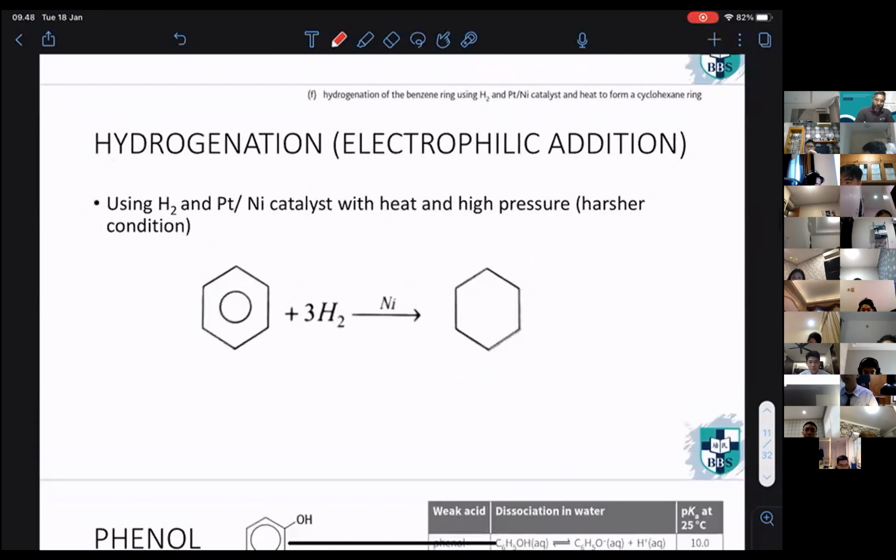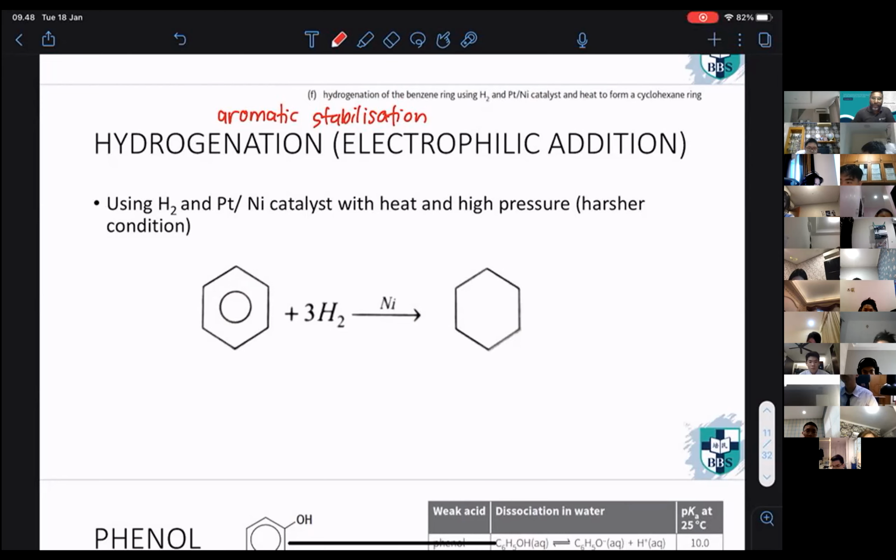That is called aromatic stabilization. This makes electrophilic substitution more favored over electrophilic addition, so they don't actually go through electrophilic addition.